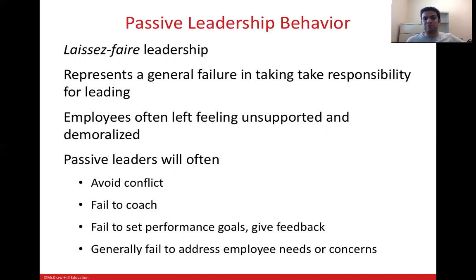She would encourage them to sit down with others who are more successful in terms of research. Passive leaders don't provide performance goals or feedback. They just don't care about others. So you see, passive leadership doesn't care about work, doesn't care about other employees and whether they achieve their goals or not.